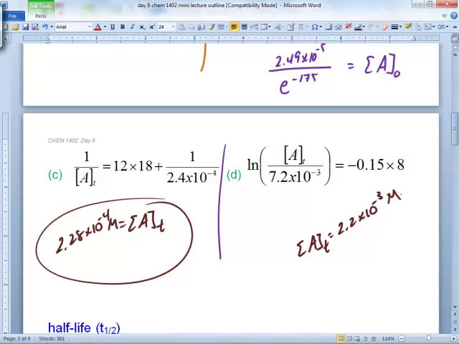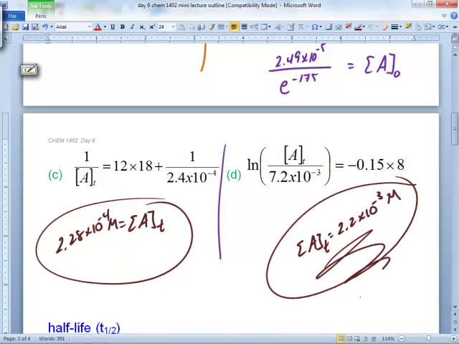Make sure that's right. Yeah. Okay, so this is just for practice for you to do at home. You can try that one, and you should get that answer. You have to raise both sides to the e power again.